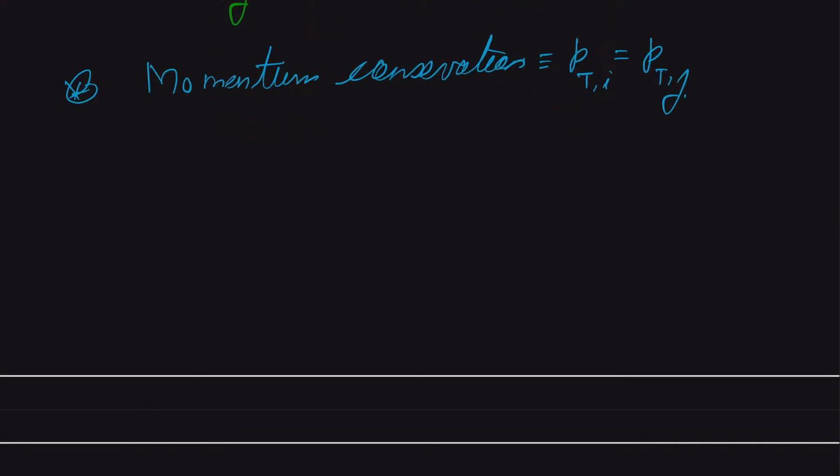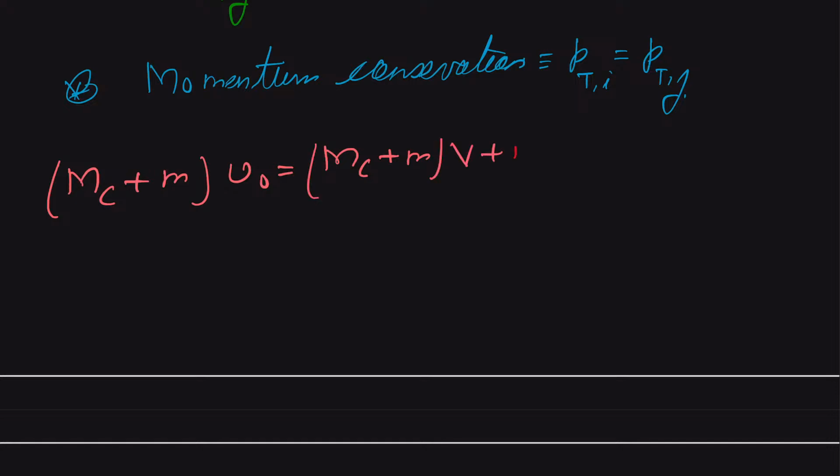Now we simply substitute, and we get (M_C plus m) times V naught is equal to (M_C plus m) times V plus m times V_B.